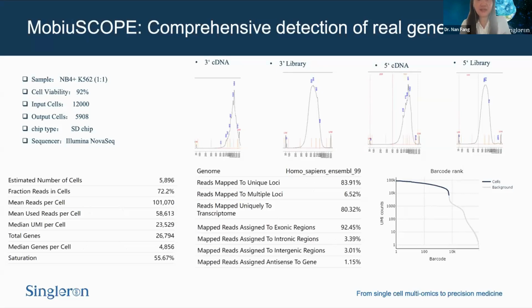Because with the full-length detection of the RNA at single cell level, MobiuSCOPE also has the advantage that we can detect relatively easily expressed mutations or SNPs, no matter where they are, which position they are in the RNA. So first, just look at the sequencing matrix.